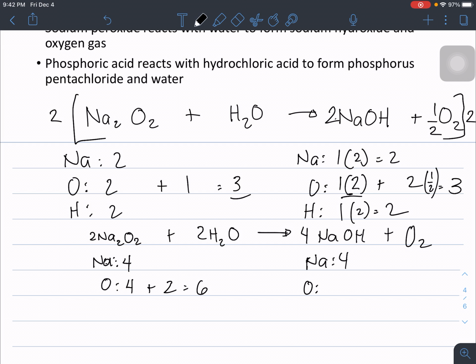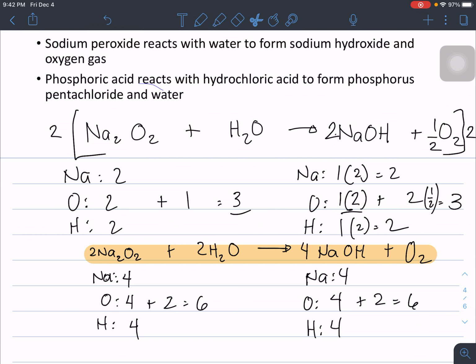On the oxygen on the right side, we have 4 times 1 will be 4, plus O2 will be 2, is equal to 6. And hydrogen, we have 2 times 2, which is 4, and on the product side we have hydrogen, which is equal to 4. So we have now balanced chemical equation. So this is our balanced chemical equation.